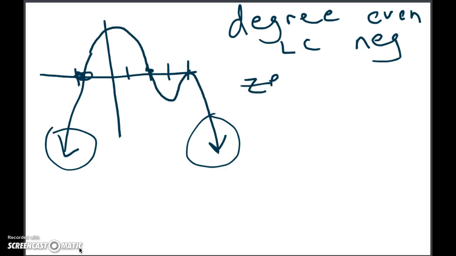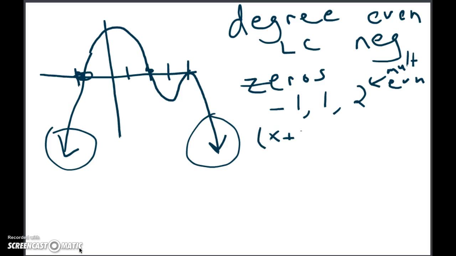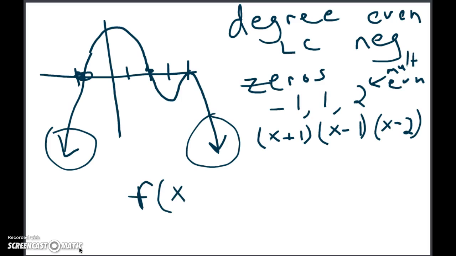I know the zeros are negative 1, 1, and 2 has even multiplicity. So I know the factors are x plus 1, x minus 1, x minus 2. So that tells me my equation is going to have, let's see, a negative in front.